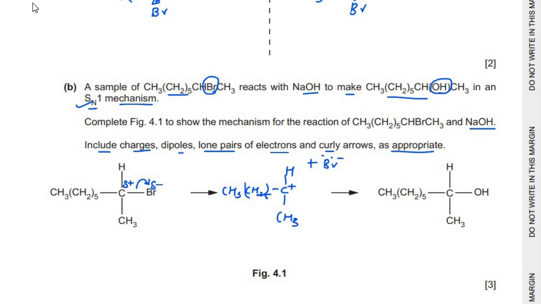So now the carbon is fully positive, and here now we will show the nucleophile OH minus with the lone pair and the negative charge, and we will draw a curly arrow from OH to the C positive, that is the carbocation. Now we need to understand that the arrow has always to be from negative to positive.